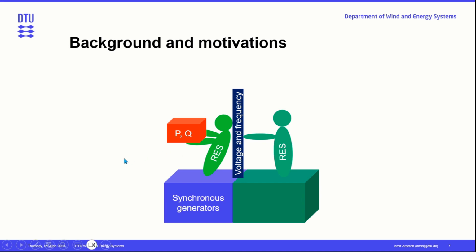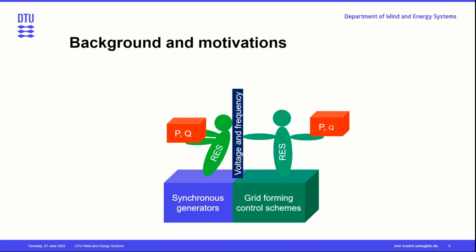So this kind of renewable energy sources which use grid forming control schemes support voltage and frequency as well as controlling their active and reactive power. So the foundation of this voltage and frequency is stronger, and the grid following renewable energy sources can rely on that for controlling their active and reactive power.